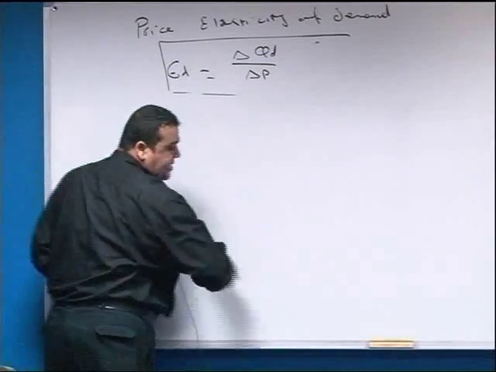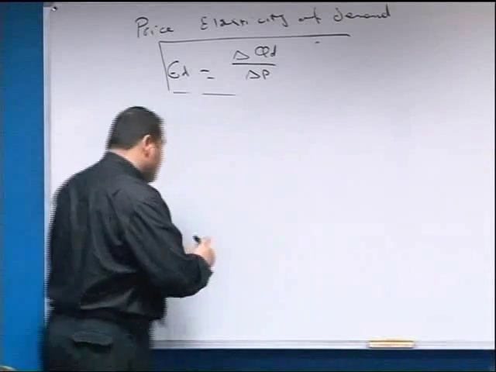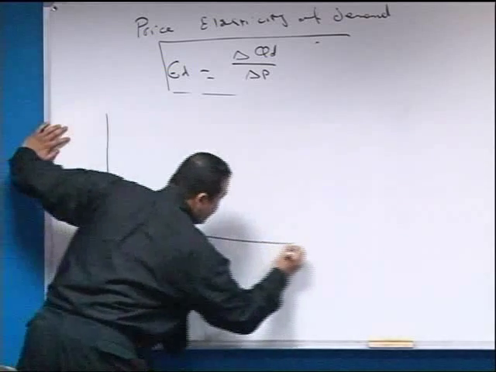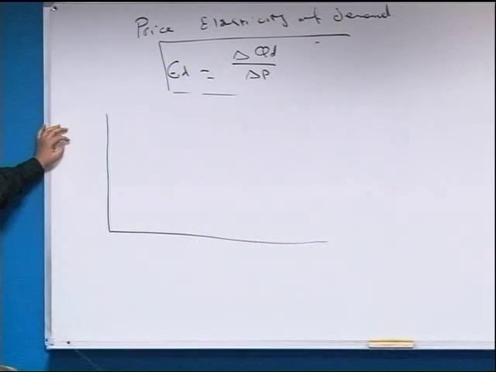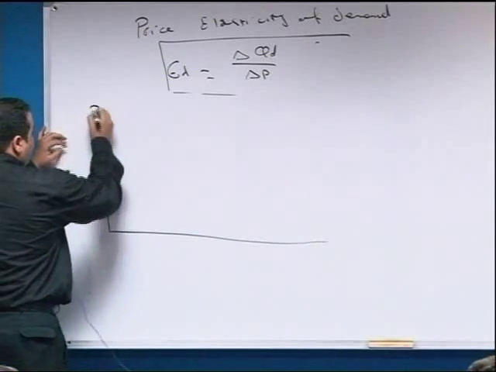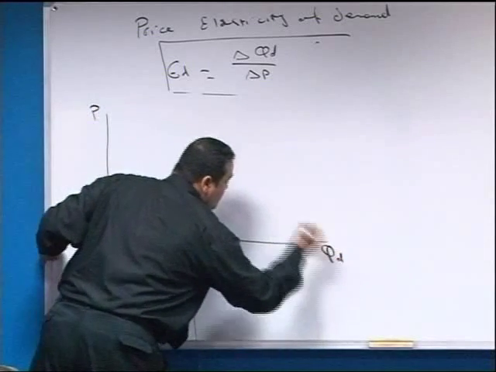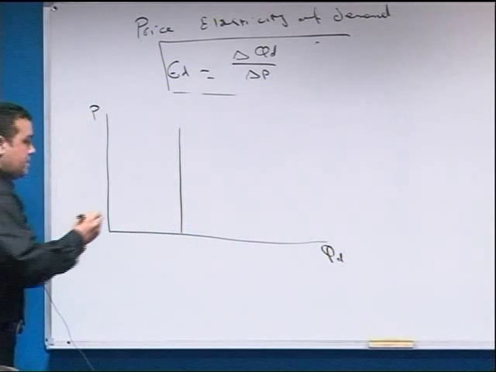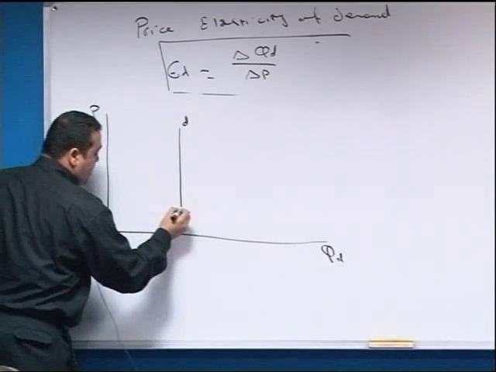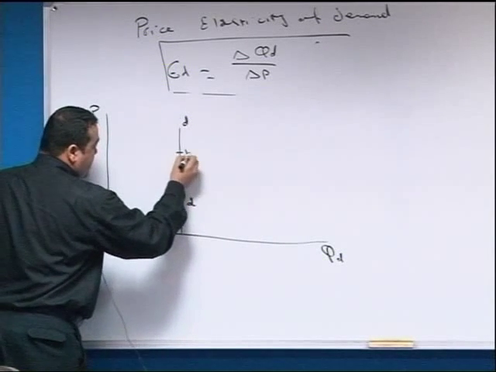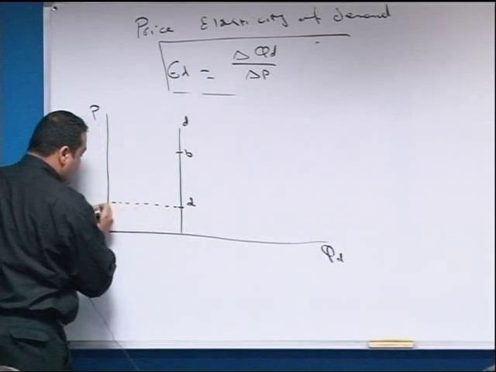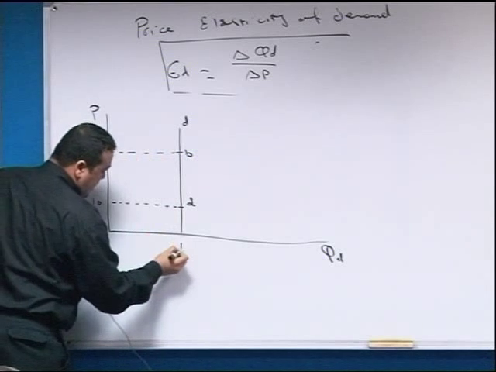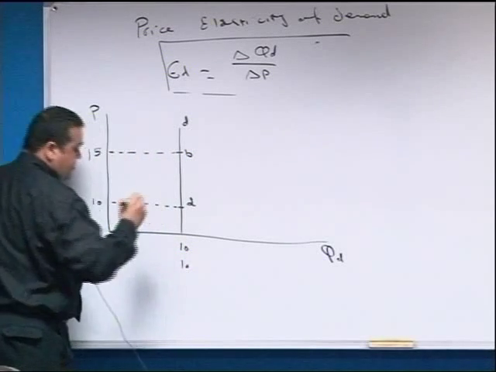When the demand curve is a vertical line, or a perfectly inelastic demand curve. P, Q. This is D, A, B, 10, 15, 10, 10.